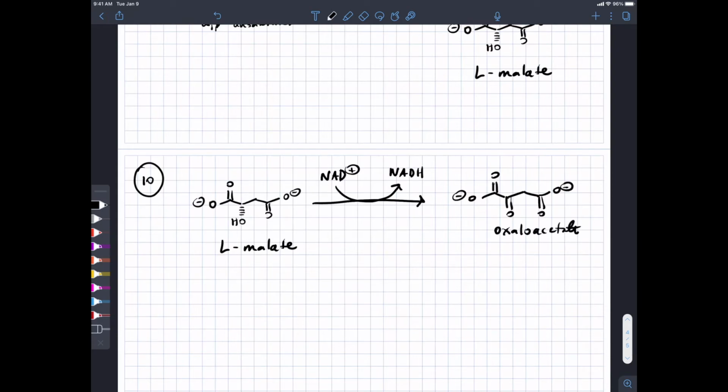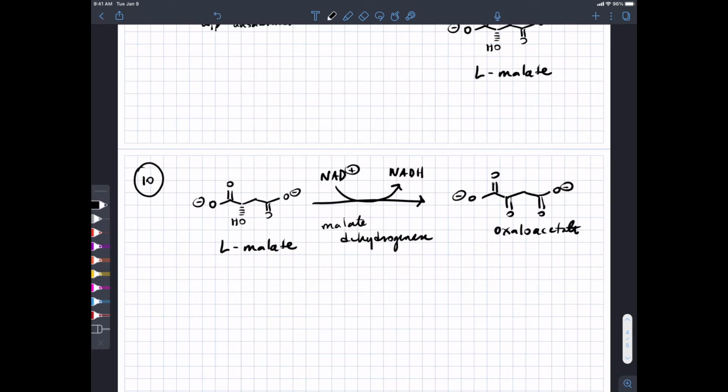This enzyme is called malate dehydrogenase. So one turn, we've lost 2 molecules of CO2, we've regenerated oxaloacetate, and along the way, we've made some molecules that we can use in other areas in biology.